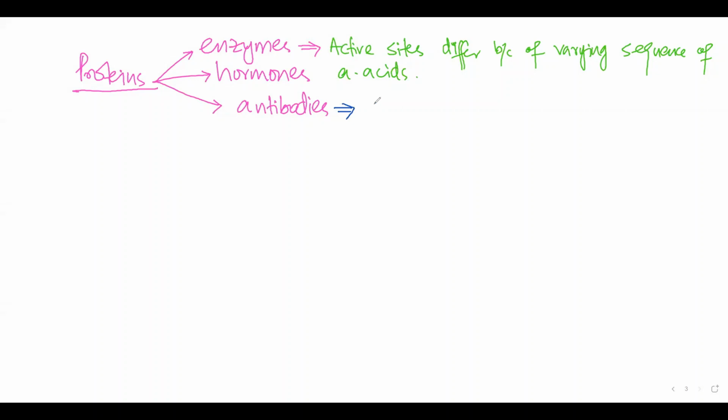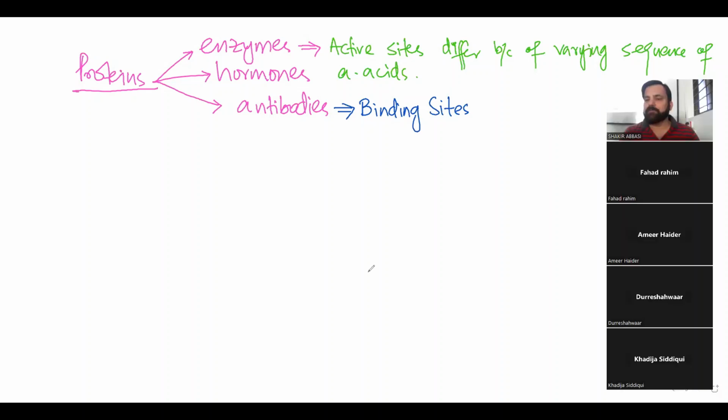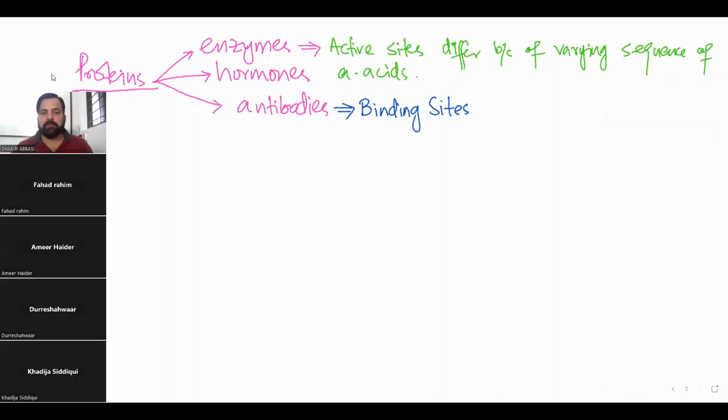And antibodies have a binding site. You can write this at home as well. When you play the video, I want you in class to focus on understanding this. So enzymes have an active site through which they bind to their substrate, and antibodies have a binding site, through which they bind to the antigen. Antigen is found on the pathogen, on the germs.